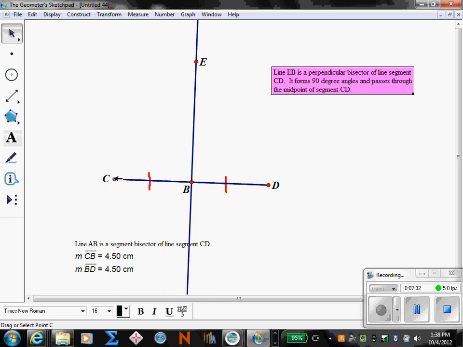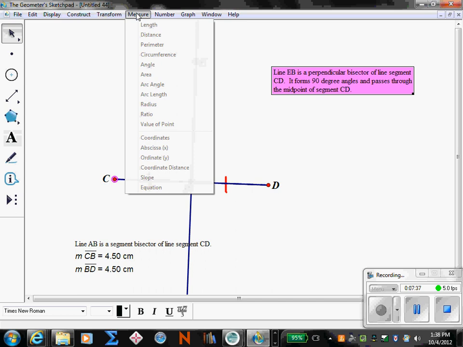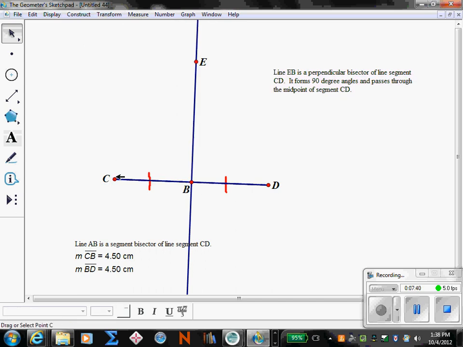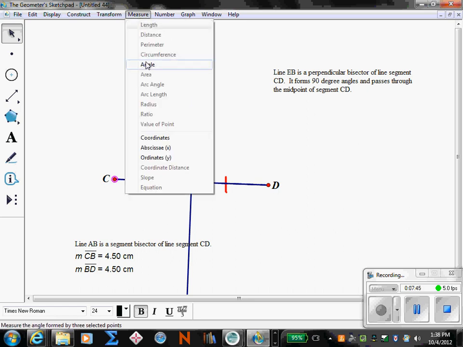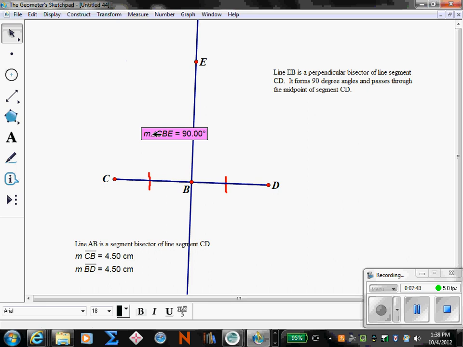We can measure angle CBE and show that it's 90 degrees. So you can see the 90-degree marks.